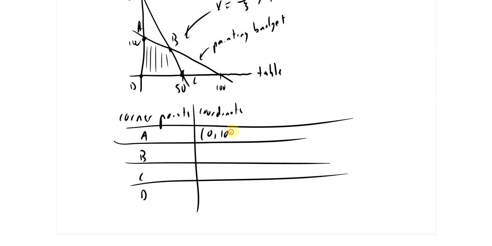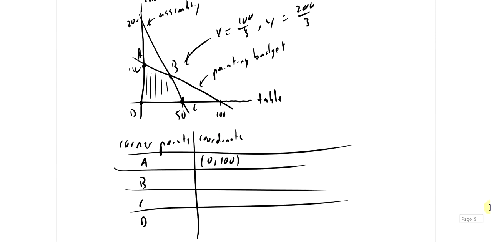A is a y-intercept, so it's 0, 100. B, we figured out in the video for 5.2, so 100 over 3, 200 over 3. C, that's an x-intercept, so it's at 50, 0. And D is the last corner point, that's the origin.